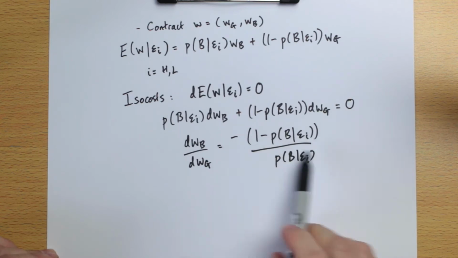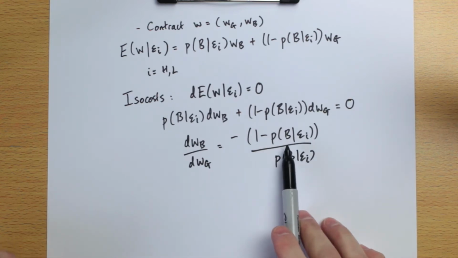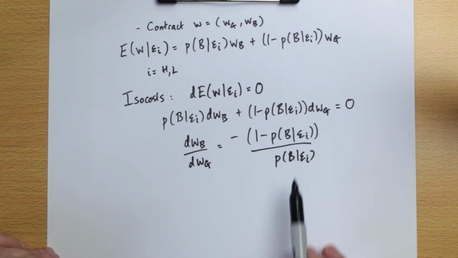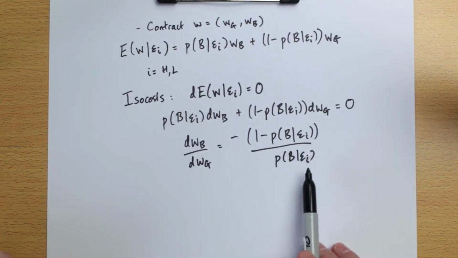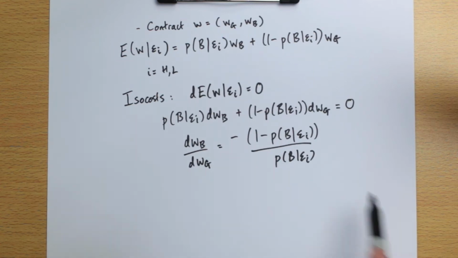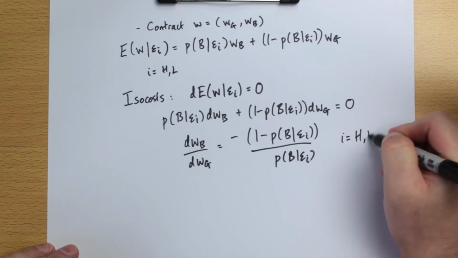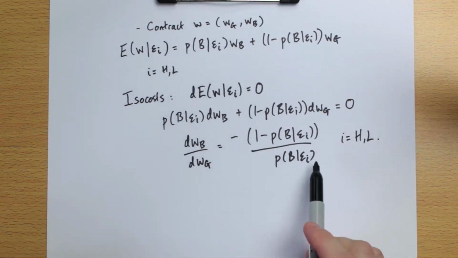So it's minus 1 minus the probability of the bad state conditional on effort epsilon I divided by the probability of the bad state conditional on effort level epsilon I. So the slope of an isocost is going to change as we have different levels of effort.